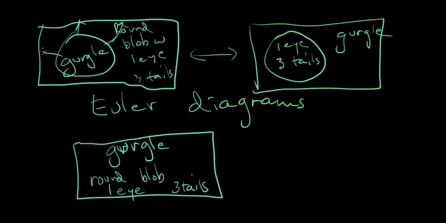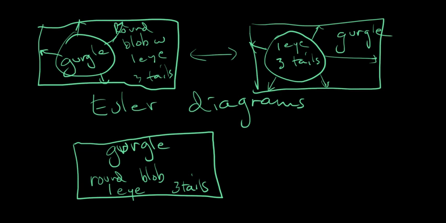There aren't any round blobs with one eye and three tails that aren't gurgles, and there aren't any gurgles out here that don't have one eye and three tails. I don't know if that makes sense to you, but that's how it works. In an Euler diagram, you say a gurgle has a round blob with one eye and three tails.